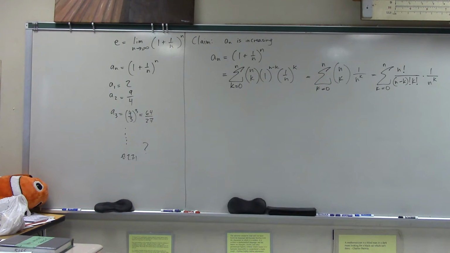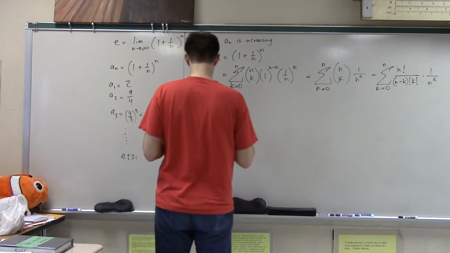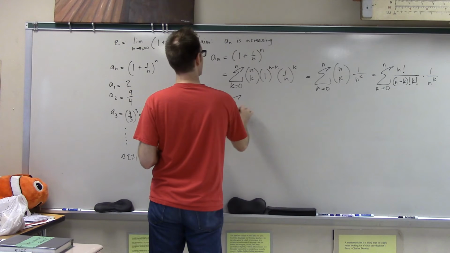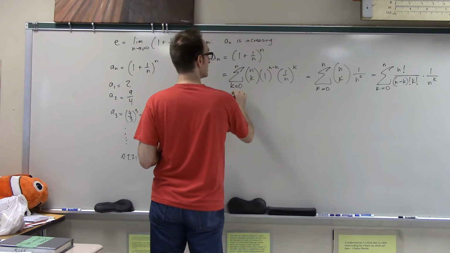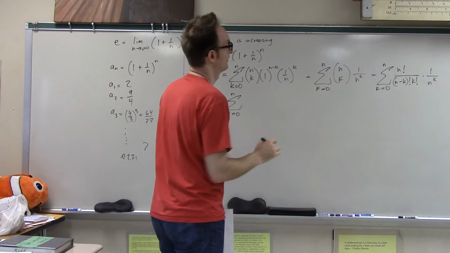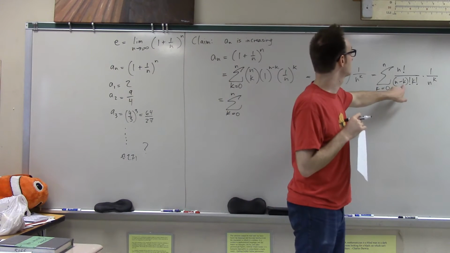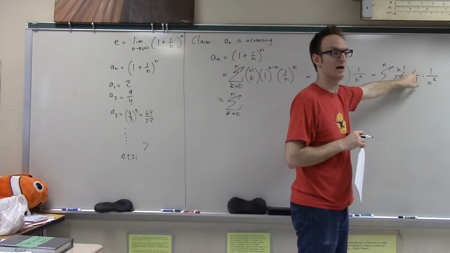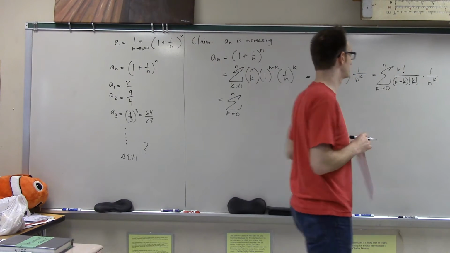Okay. So now here is what I will do. I will simplify that binomial coefficient a little bit. So this is really the sum from 0 to n of n factorial, and the n minus k factorial cancels out most of the factors in the trailing factorial, except up to a certain point.